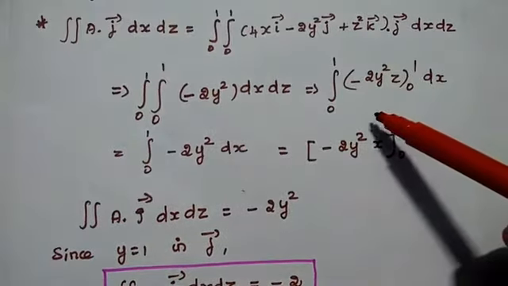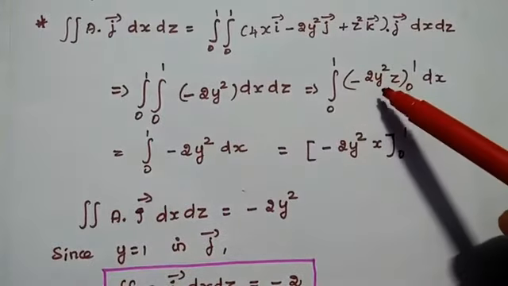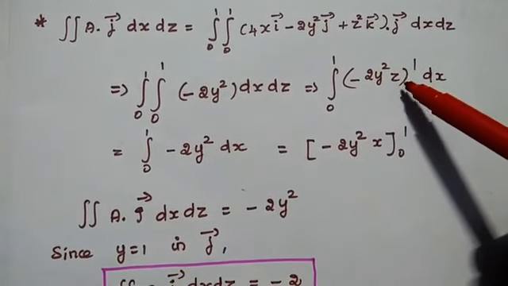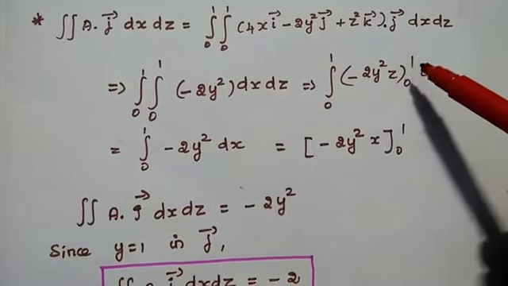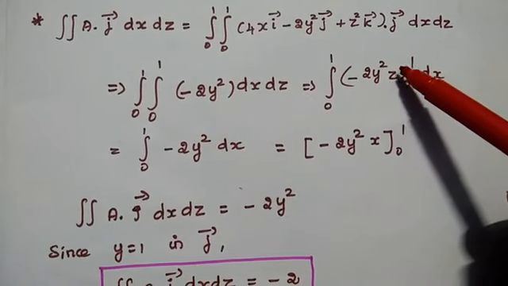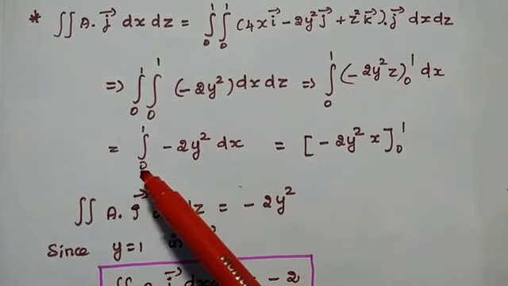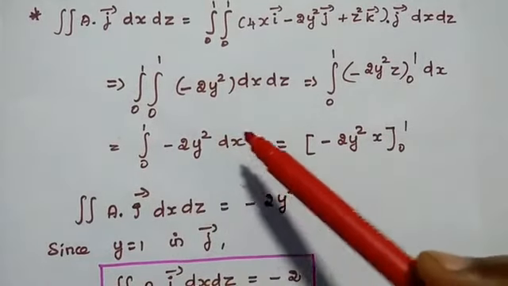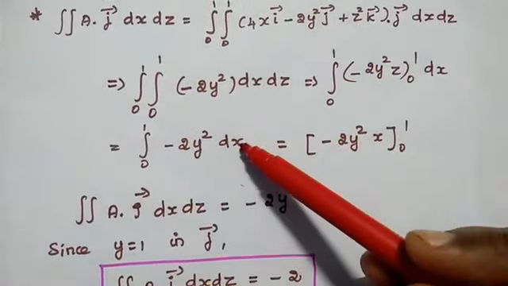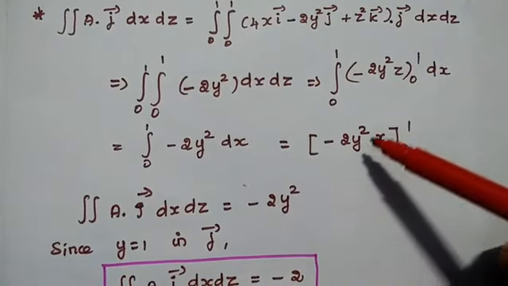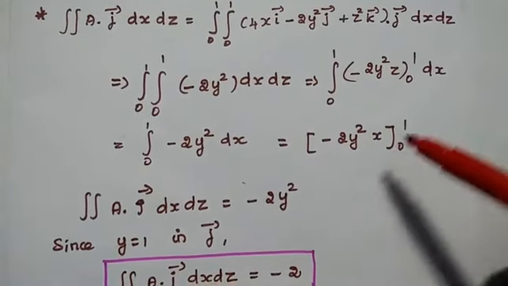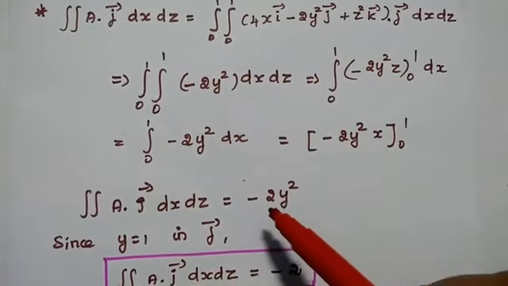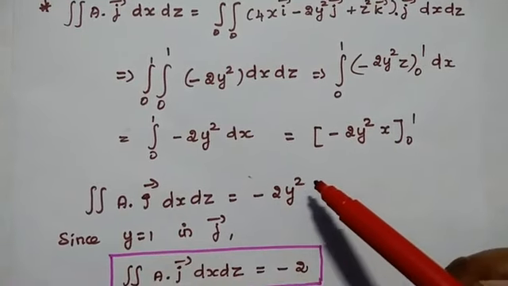Then we are going to integrate with respect to z. This becomes minus 2y squared z with the limit 0 to 1. Okay, substitute the limits here. So z becomes 1. So here we can get integration over 0 to 1 of minus 2y squared dx. Then integrate with respect to x. We can get minus 2y squared x from 0 to 1. Substitute this value. We can get minus 2y squared.